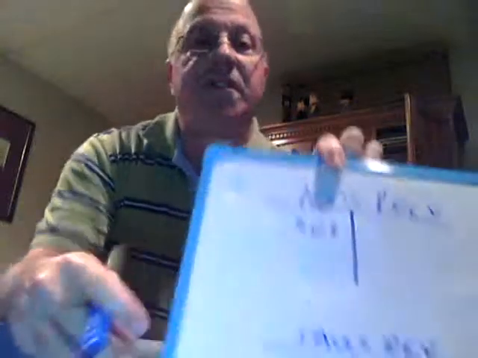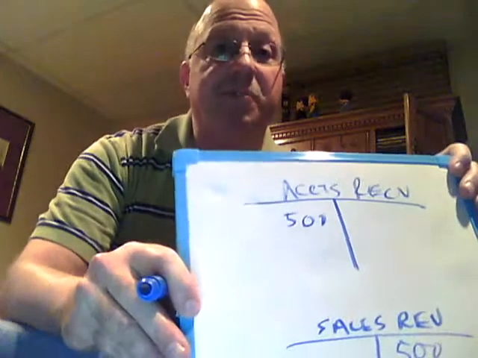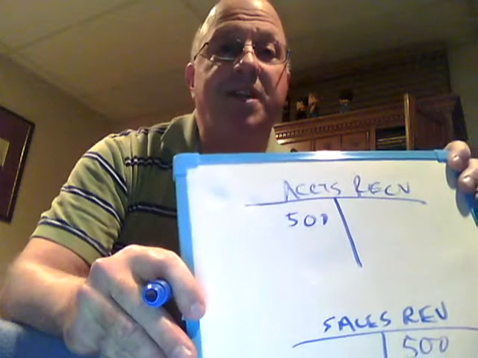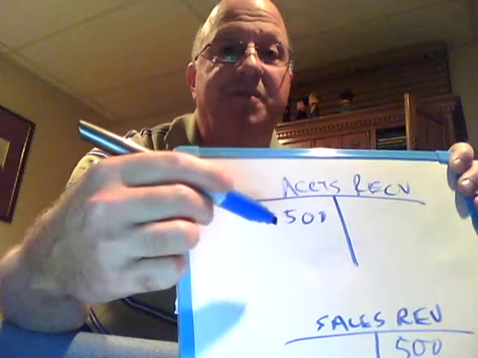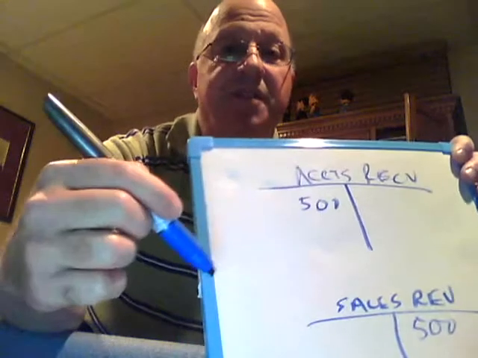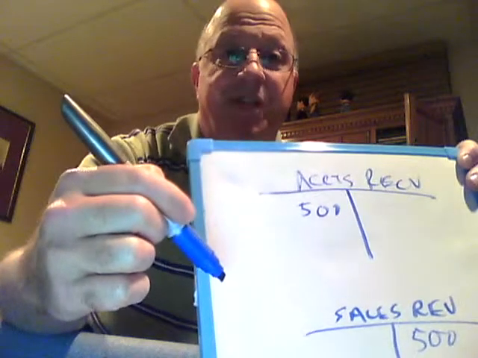And let's say it's $500. I apologize for my sloppy handwriting here, but we made a sale for $500, did not receive cash for it, maybe didn't even invoice for it yet, but it occurred before the end of the period. We need to recognize that with an adjusting entry to debit accounts receivable, which is an asset account, for $500, credit sales revenue, a revenue account, for that same $500.